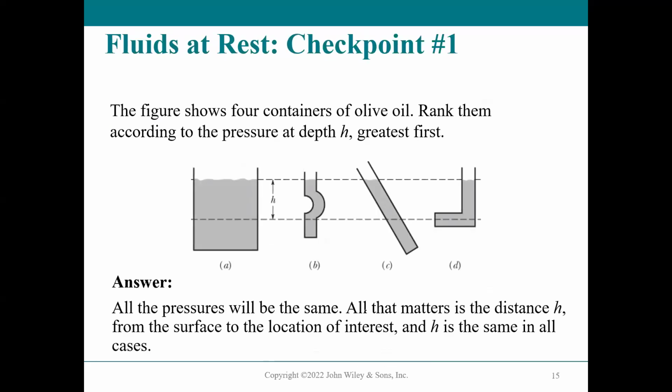Okay, and then in this case, the figure shows 4 containers of olive oil. Rank them according to the pressure at depth H, greatest first. It means that at the same depth, the pressure will be the same. All that matters is the distance h from the surface to the location of interest, and h is the same in all cases.